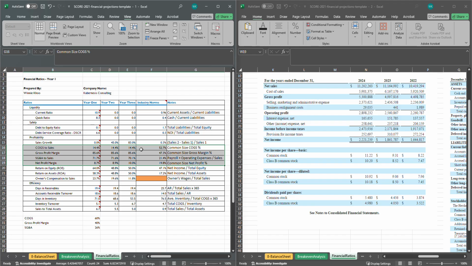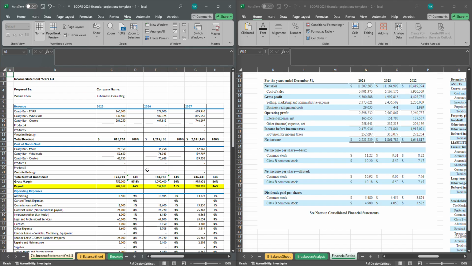So we have COGS over sales here, and basically gross margin over sales. They include payroll numbers in their COGS, so just to make it fair, I did the analysis down here.